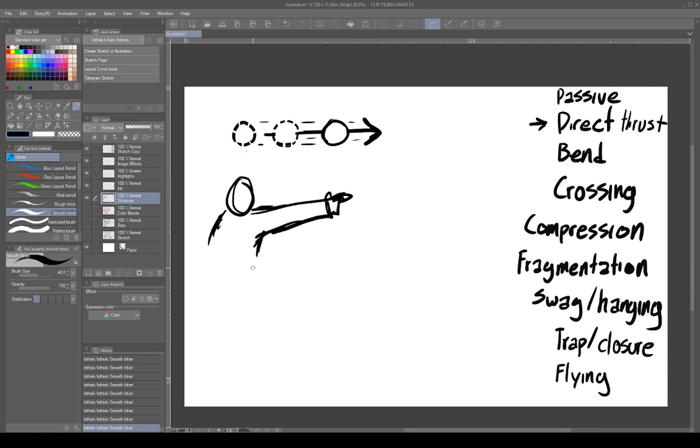So, talking about direct thrust, let me go back to anchor points here. If we've got a form that's just holding its arm out, and we want to indicate that it's clothed, there are anchor points where the clothing is going to try and hold on.